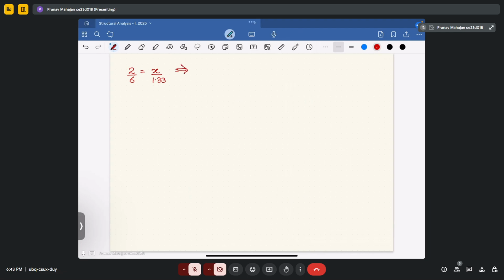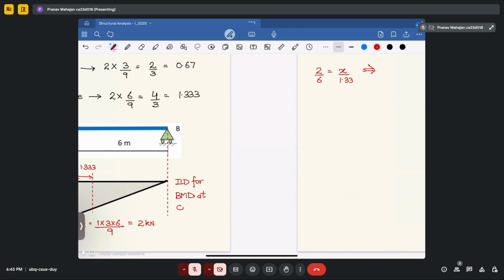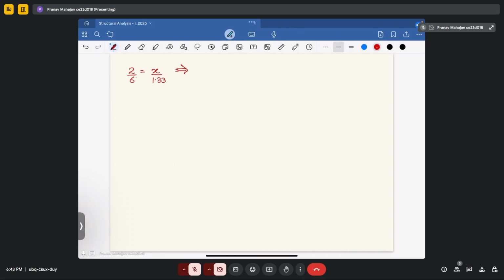From this, you have 2 kilonewton, and your total length is 2. Using 2 divided by 6, h upon 6 minus 1.33, into 2 divided by 6, it will give you h equal to 1.557.